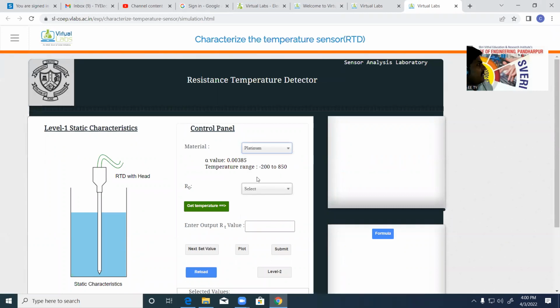For platinum material, the value of alpha, the temperature coefficient, is displayed.